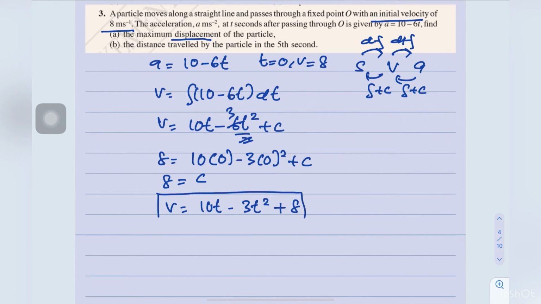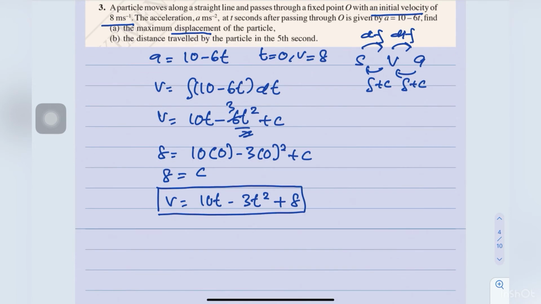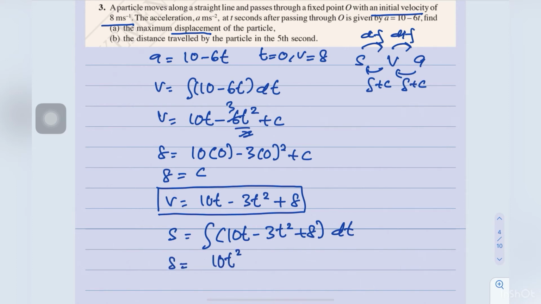Okay, so this is the function of V. Now to find displacement, we need to integrate another time. S equals the integral of 10t minus 3t squared plus 8 with respect to t. So S equals 10t squared over 2 minus 3t cubed over 3 plus 8t plus c.